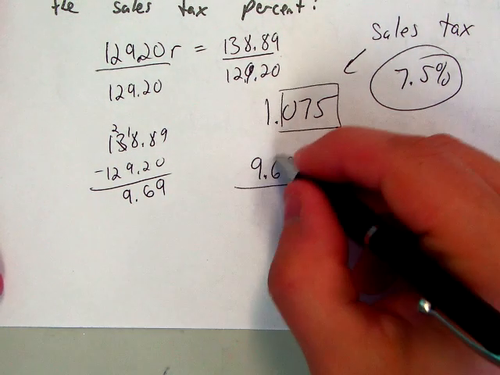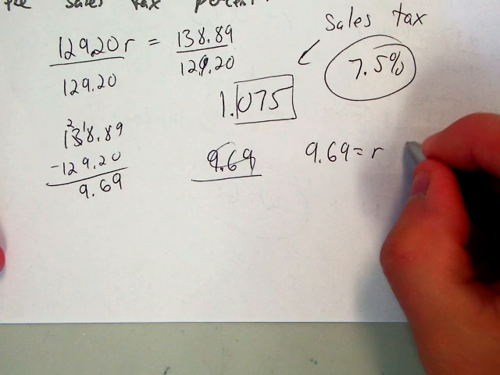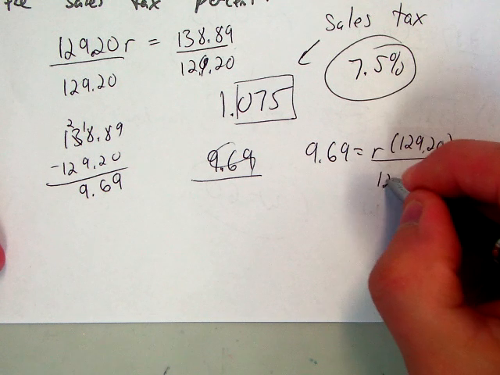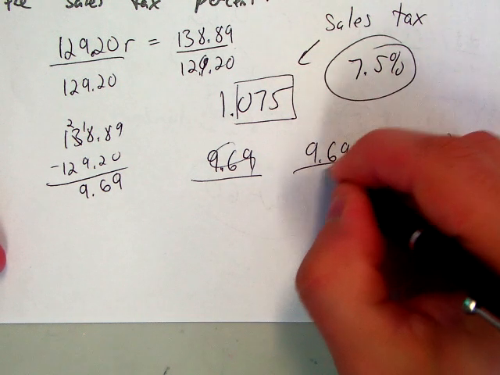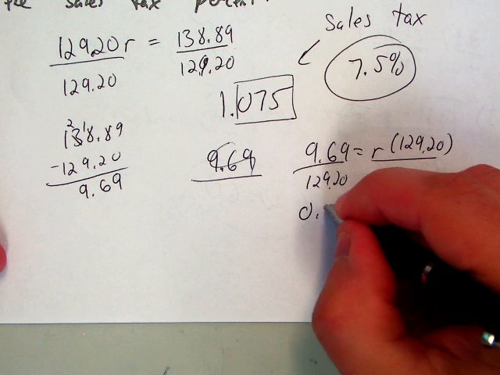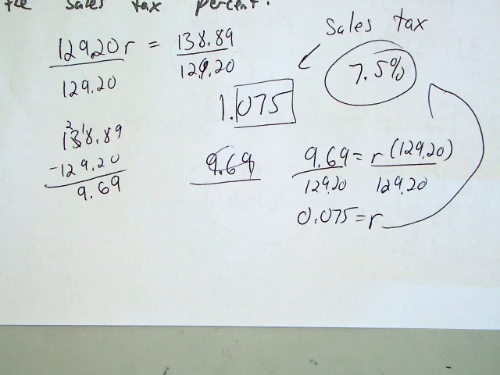I could then say that $9.69 is equal to the rate times 129.20. Divide both sides by 129.20, and I would see that the rate is 0.075, which would still get me to that 7.5% sales tax that we found earlier.